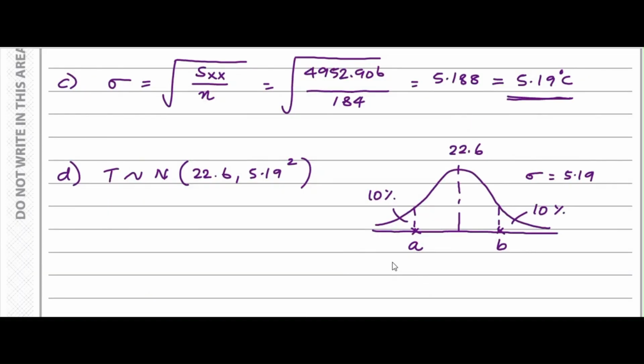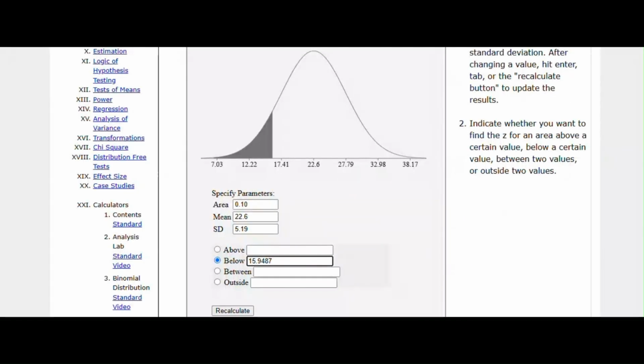So this A value is 15.9487. Let's go back to the inverse distribution calculator once again and select above. That is 29.2513.